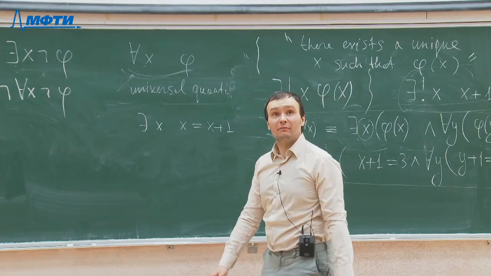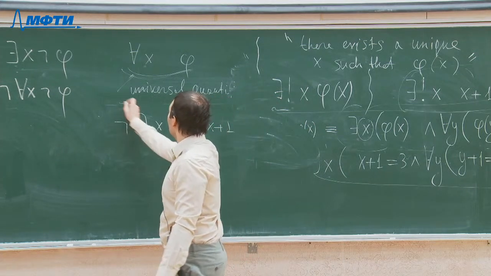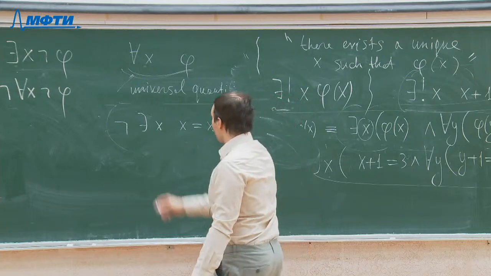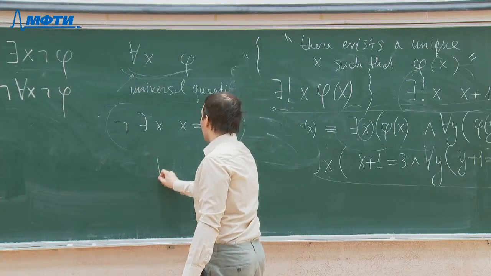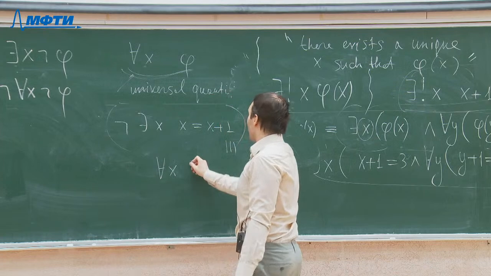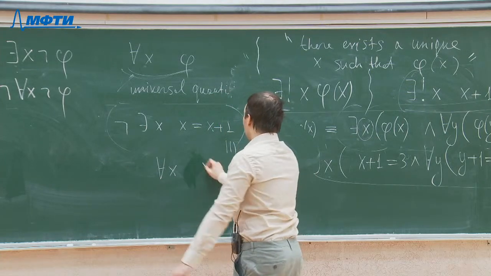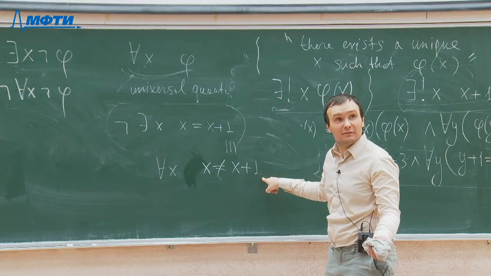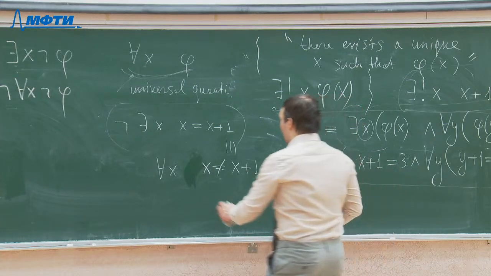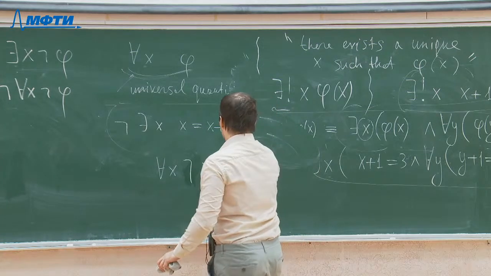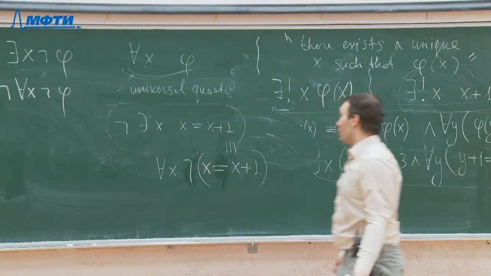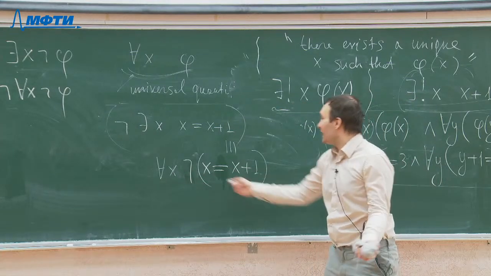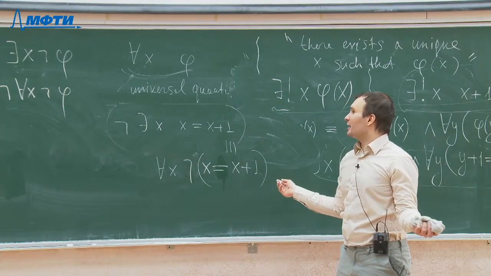What does it mean that there is no such number? It's equivalent to the following formula: each natural number is not equal to x plus 1. Or I may put it the following way: for each natural number, it is not the case that it's equal to x plus 1.